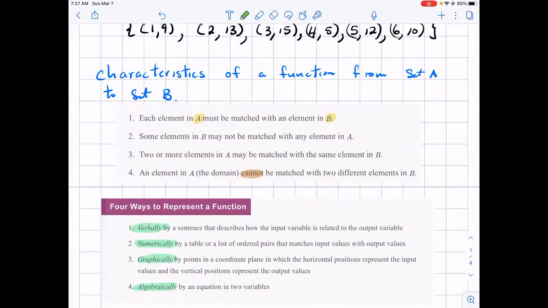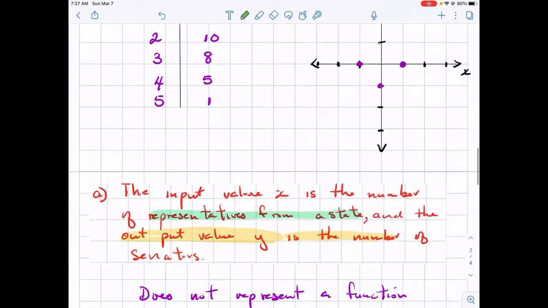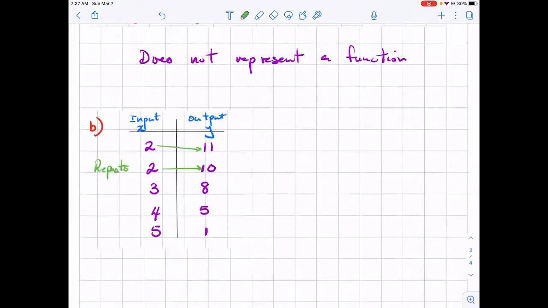An element in A cannot be matched with 2 different elements in B. 2 or more elements in A may be matched with the same element in B. So you could have different inputs going to the same value, but an input cannot go to 2 different values.